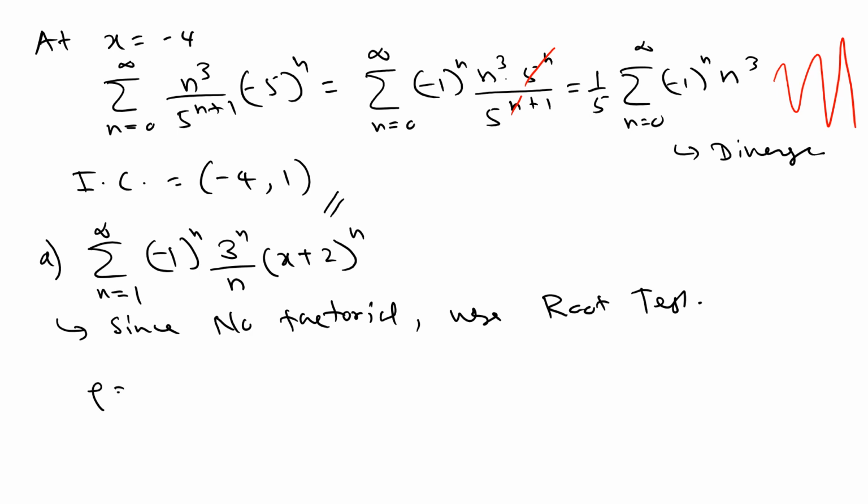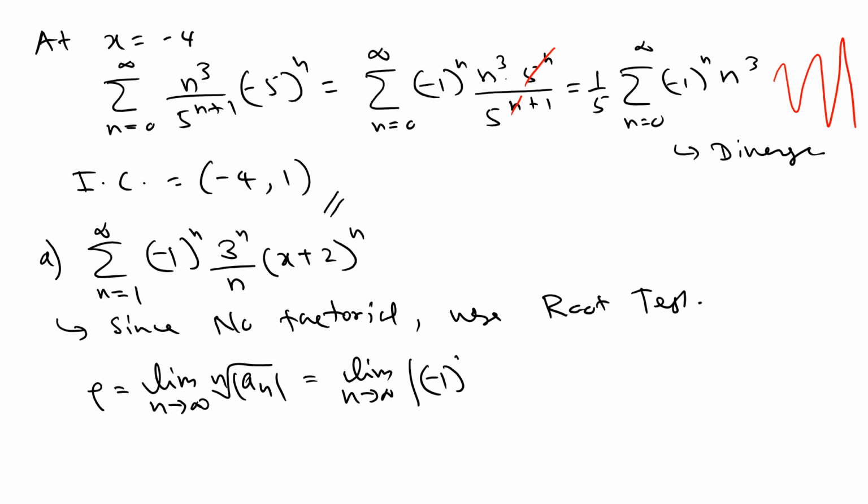So rho is the limit as n goes to infinity of the nth root of the absolute value of a_n. So the limit as n goes to infinity of the absolute value of (-1)^n times (3n (x plus 2)^n over n) to the 1 over n.